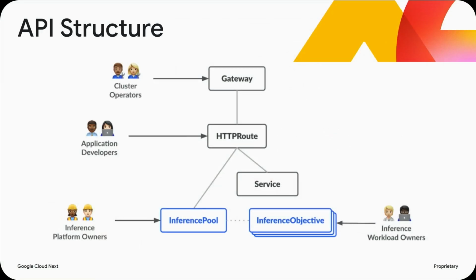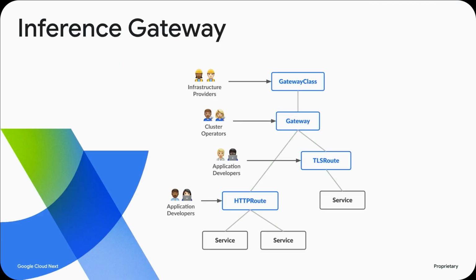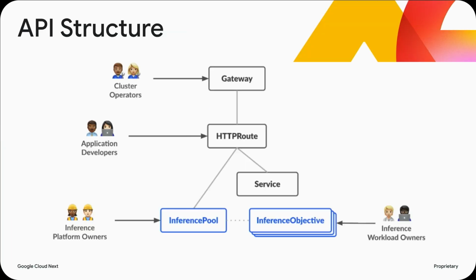So unlike the standard Gateway API, which has GatewayClass, Gateway, routes, TLS, HTTP, et cetera, now we're introducing these two objects called InferencePool and InferenceObjective. The InferencePool defines the pool of all the inference engines. So those are the pods that are running the large language model. The InferenceObjective allows you to define things like latency requirements.